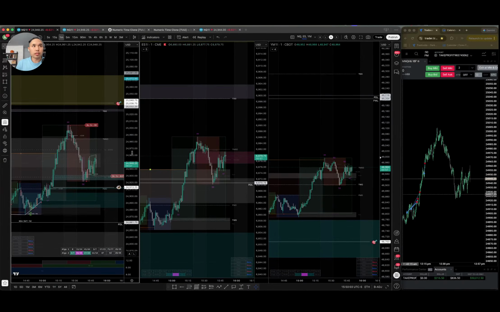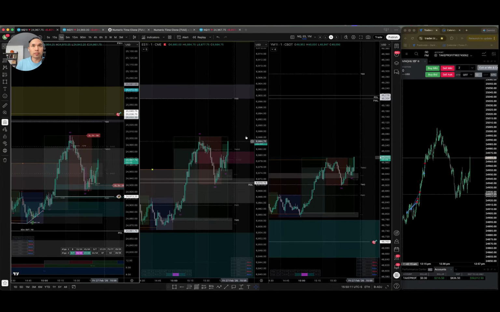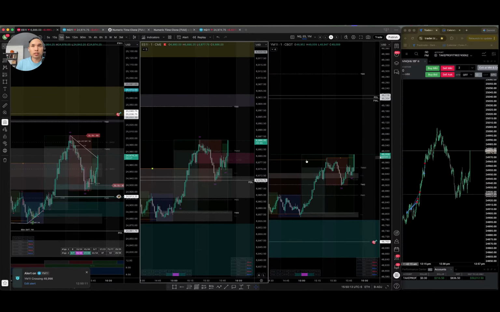Yep. Okay, nothing exciting for this candle. I'm going to go higher. Okay, all right, so we're displacing higher. I think 2-day open is the draw.